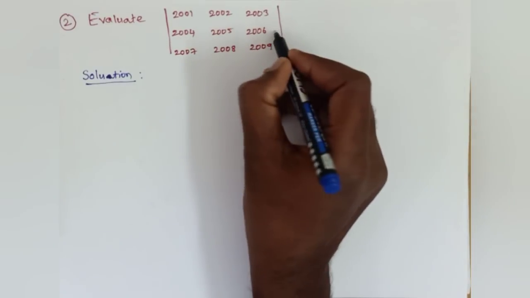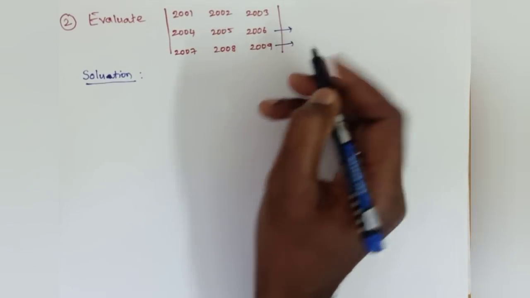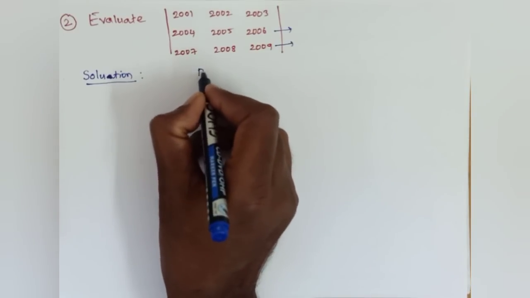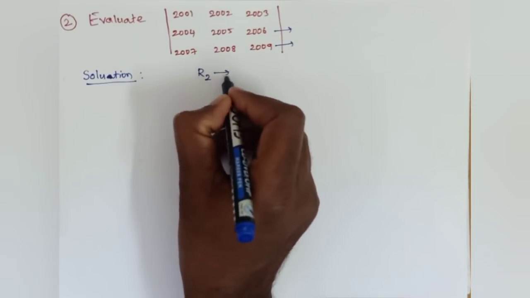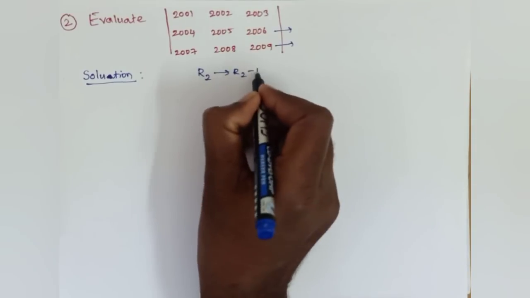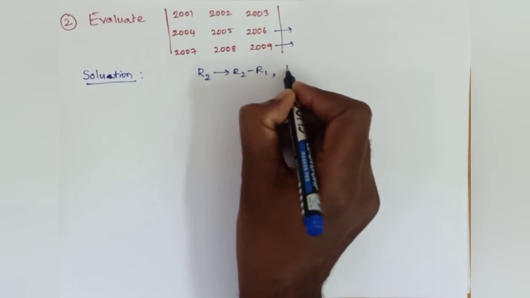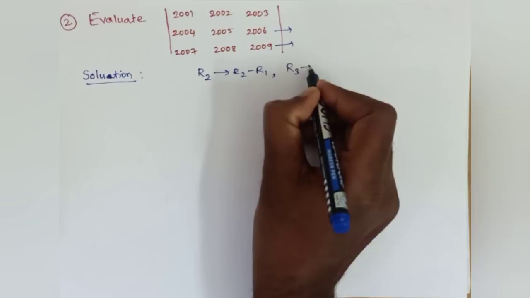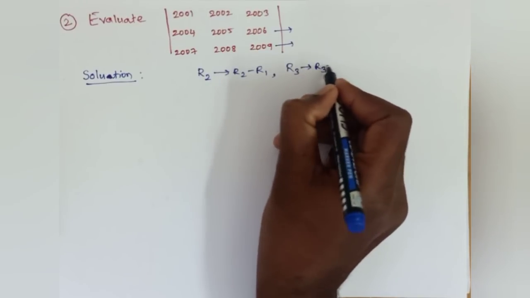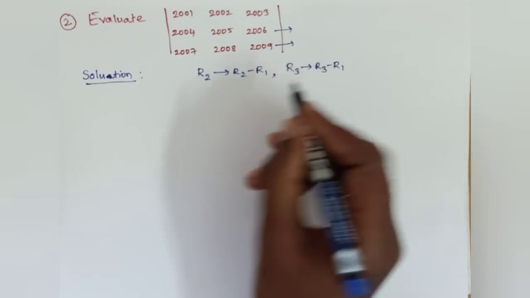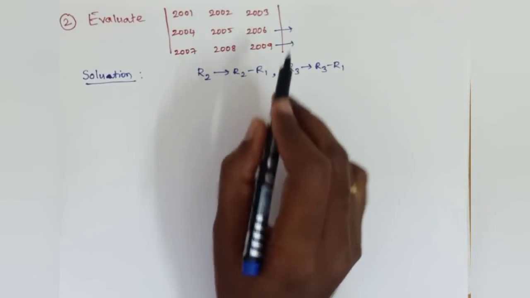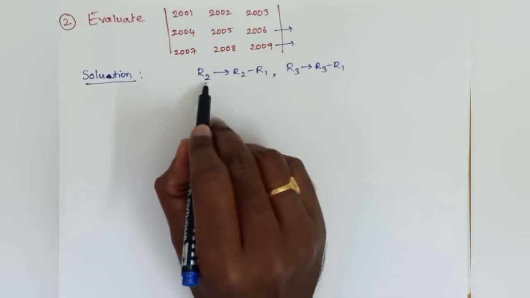I am applying the second row operation and the third row operation. I am changing the second row as R2 minus R1 and R3 changes to R3 minus R1.